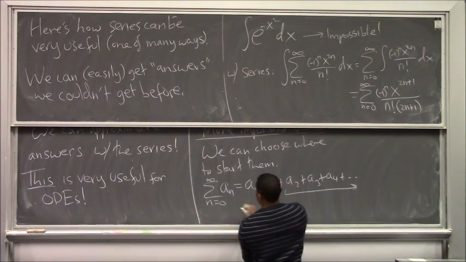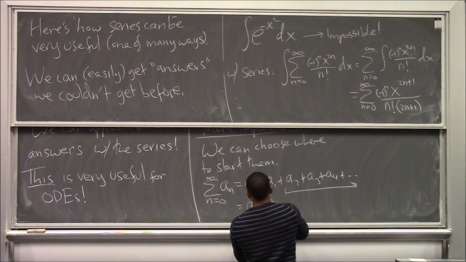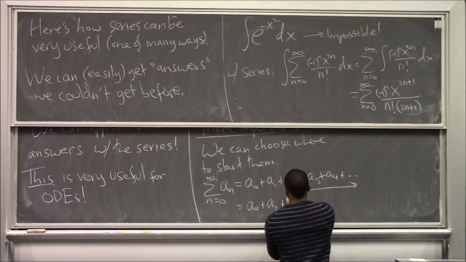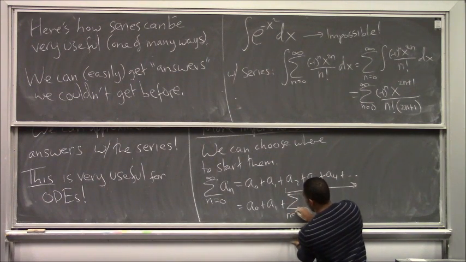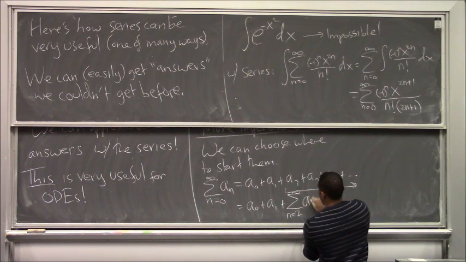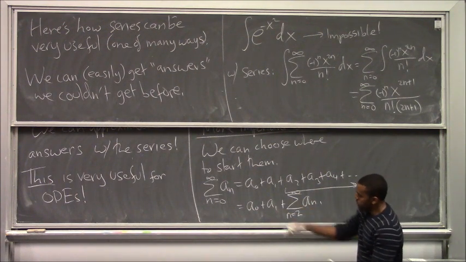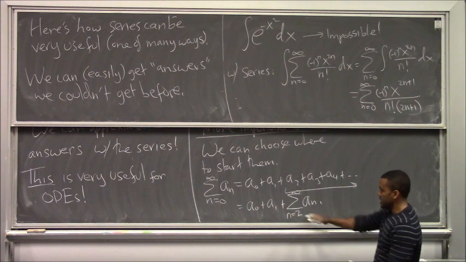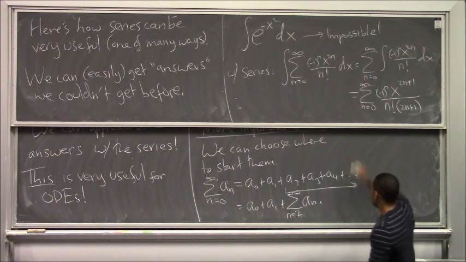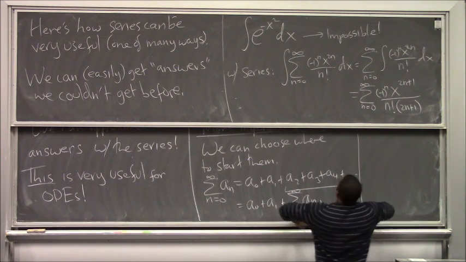So I can write this as a0 plus a1 plus, now I can start adding up the terms from n equals 2. So I can actually just evaluate a few terms to get them off the series and then start it at some other arbitrary point. That's going to be useful.